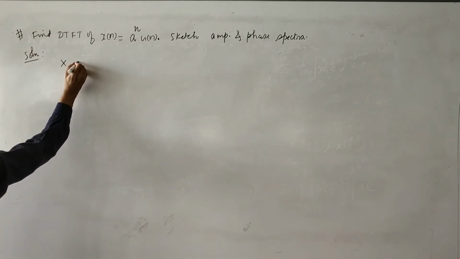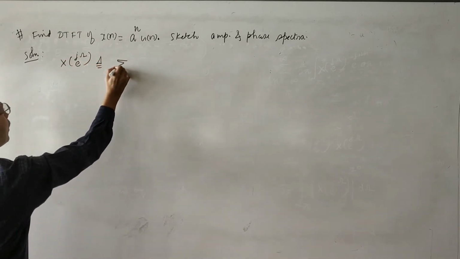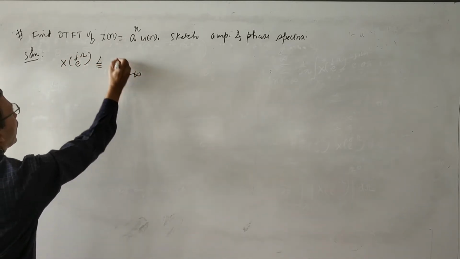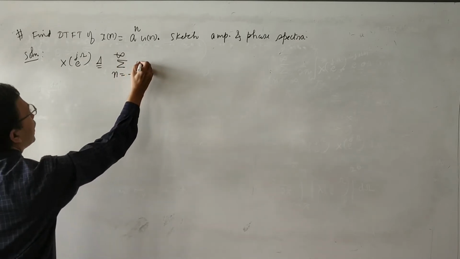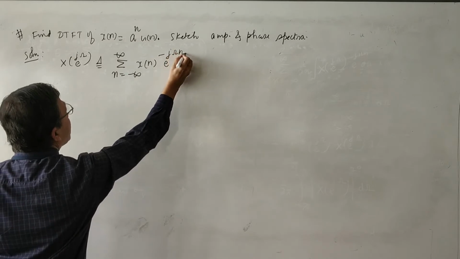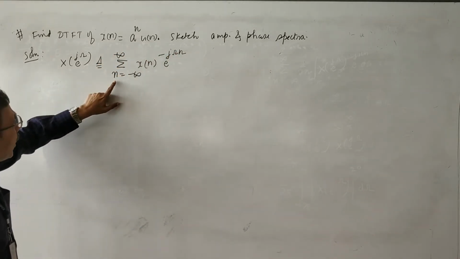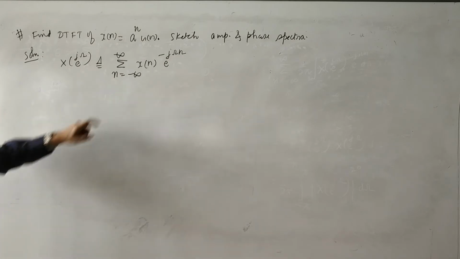X of e power j omega by definition is summation n equals minus infinity to plus infinity x of n into e to the power minus j omega n. Because of this u of n, the lower limit of summation will become 0.